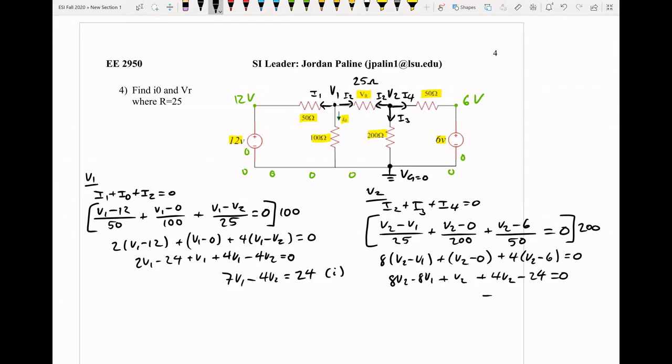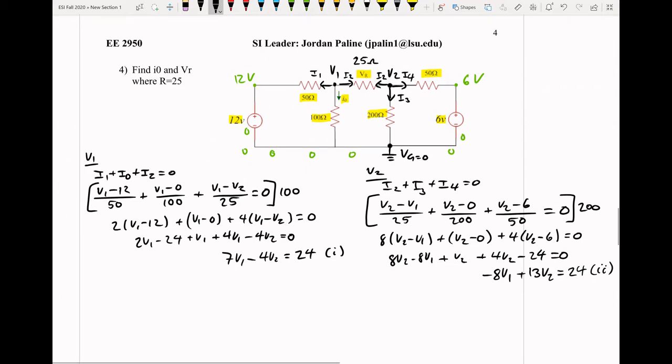Combining like terms, we get negative 8V1 plus 13V of 2, and that'll be equal to 24 as well. All right, so all we need to do here is solve for V of 1 and V of 2.